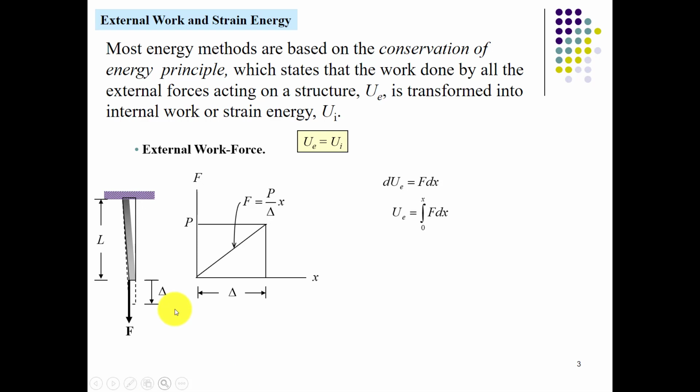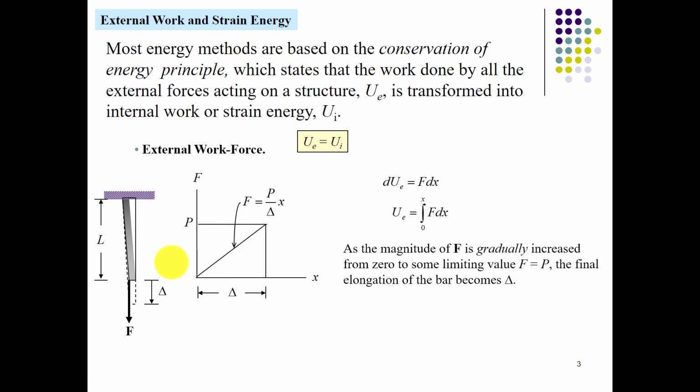So this curve basically shows the force. What we can see from this graph is that the force is gradually increasing the deformation upon the structure. So when the force increases, the deformation increases linearly.